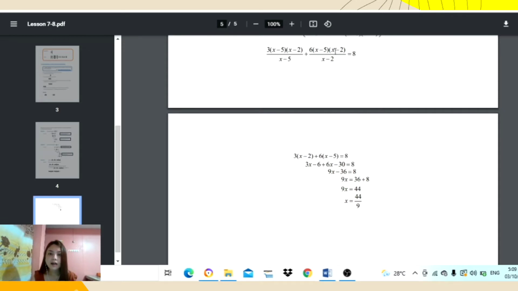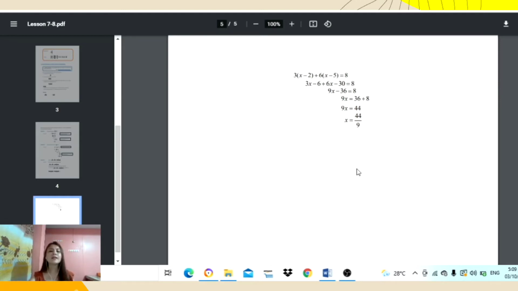And x minus 2 divided by x minus 2 is just equal to 1, meaning 6 times the quantity x minus 5 times 1, that's just equal to 6 times x minus 5. And then equal to 8. Now we have 3 times the quantity x minus 2 plus 6 times the quantity x minus 5 equals 8.